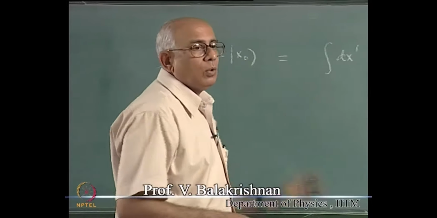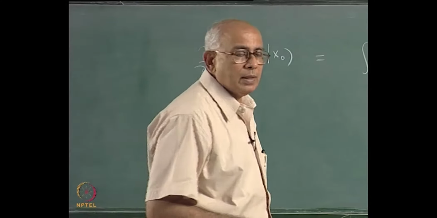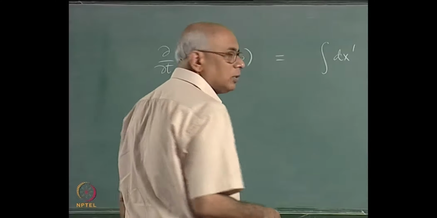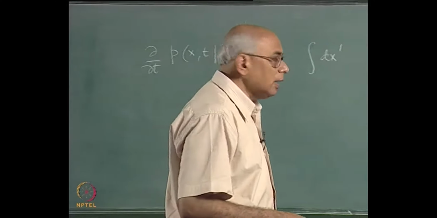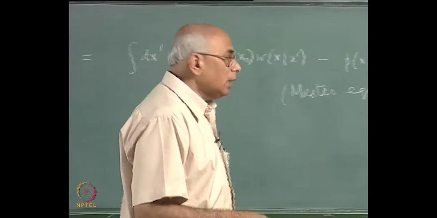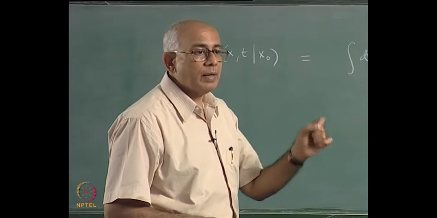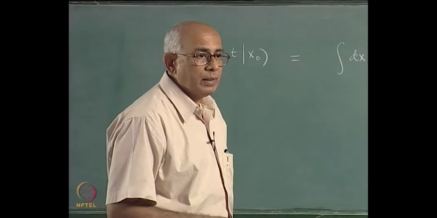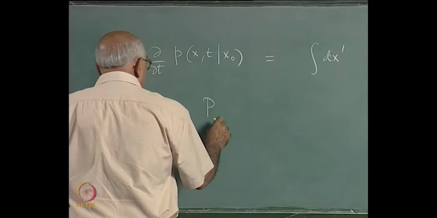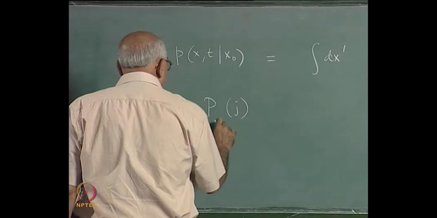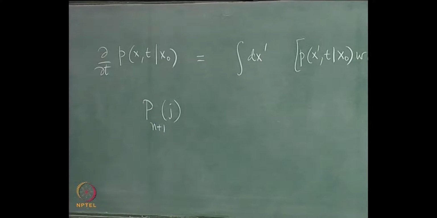The same thing if I wrote it out in discrete time for a discrete set of states, and let us say the variable x takes on only a discrete set of values x1, x2, x3 etc., and let us label that by some integer j, and let me say the system is in state j if the random variable has a value x sub j. Then I can ask what is the probability that it is in the state j at time n plus 1. What is this equal to?